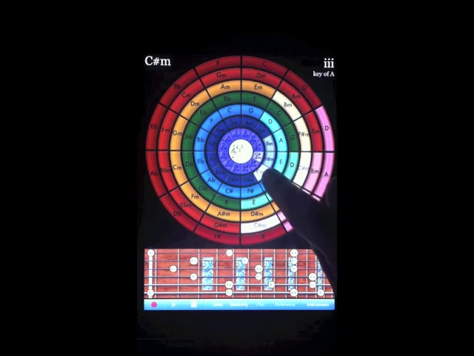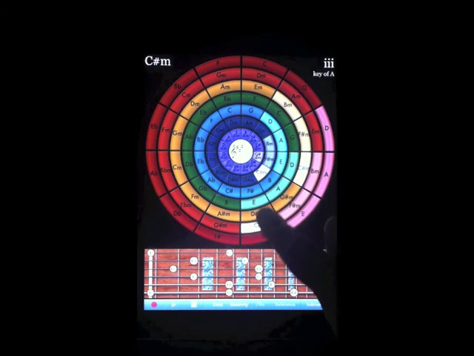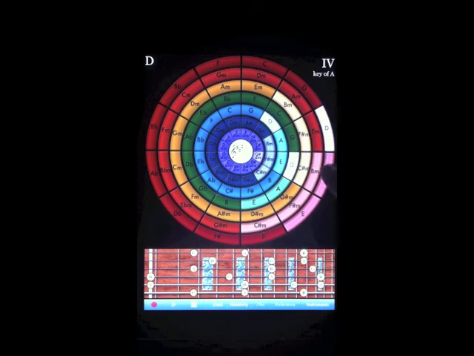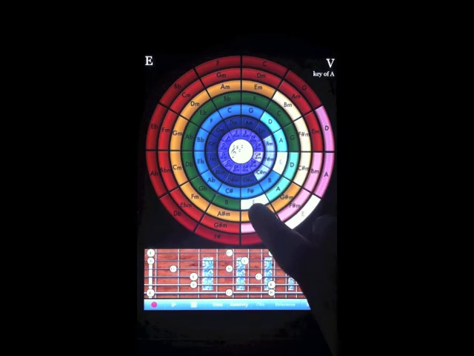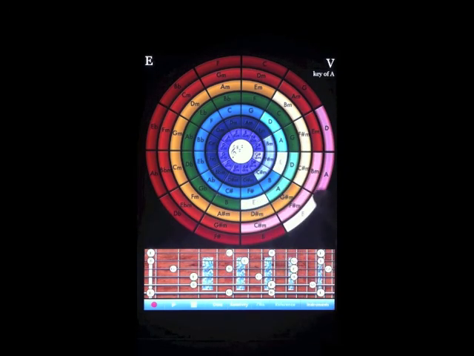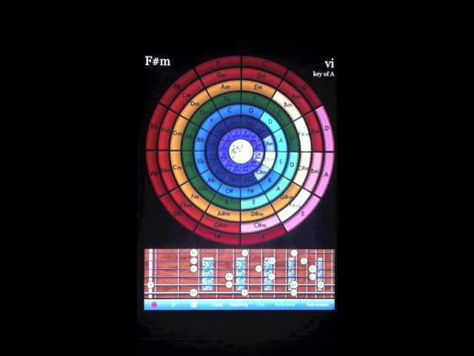Yellow are the two clockwise. Green are the two counterclockwise. Blue are the two clockwise. And indigo, like red, has them on either side.